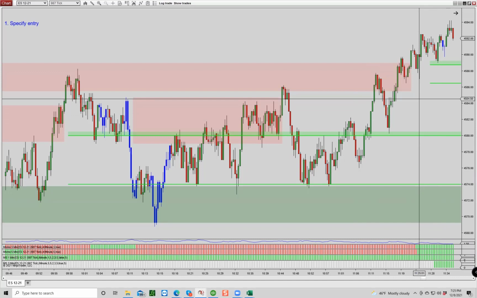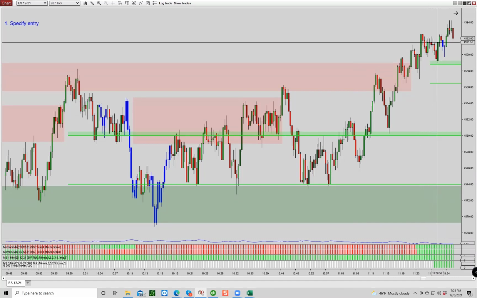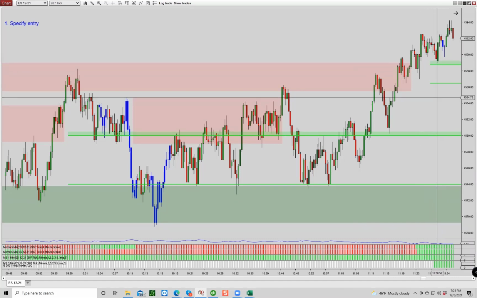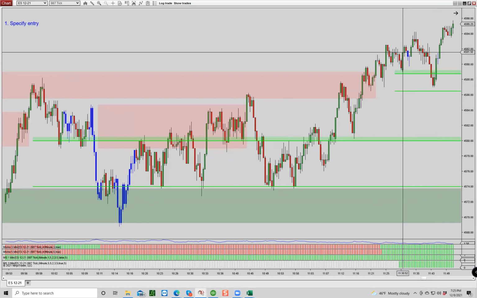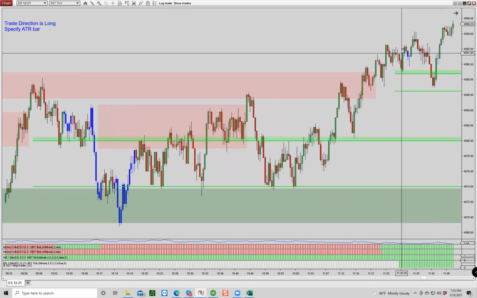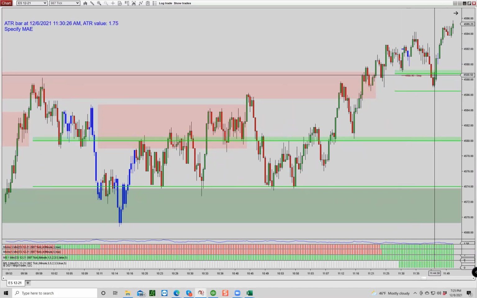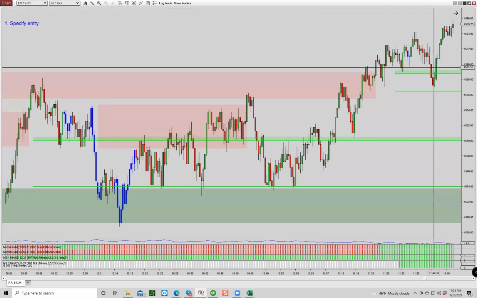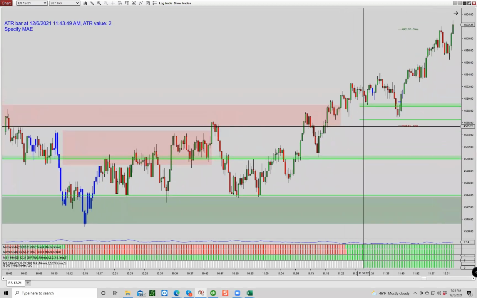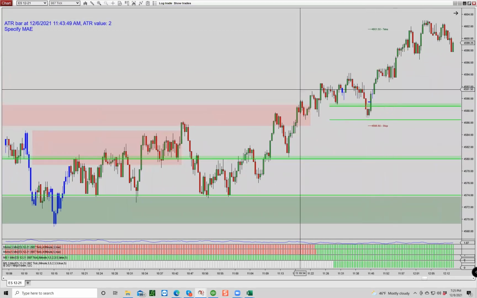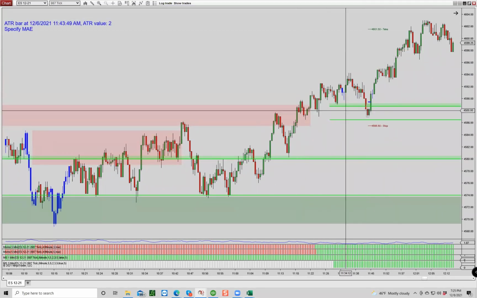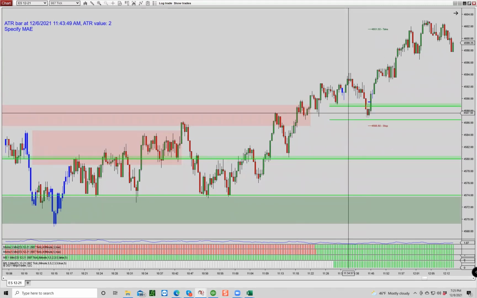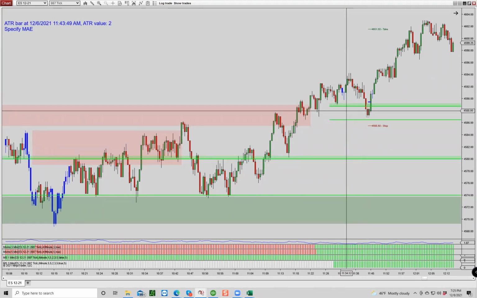All right, so my next trade would come out of this zone right off of this green bar. And it looks like I would get taken out. I get stopped out here, in which case I would reload and take it again right here. So there we go.